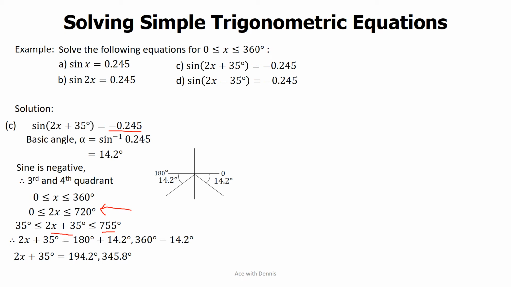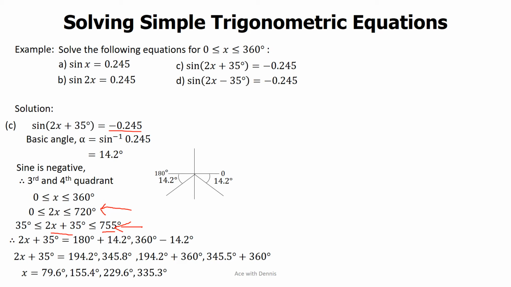Now look at the range. For 2x plus 35 degrees, it can go up to 755 degrees here. So we can add another 360 degrees for each of the answers here. So 194.2 degrees plus 360 degrees, 345.8 degrees plus 360 degrees.